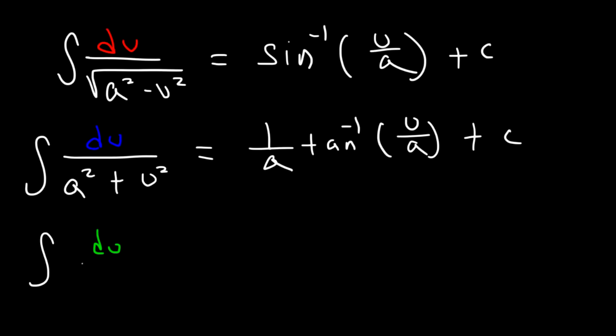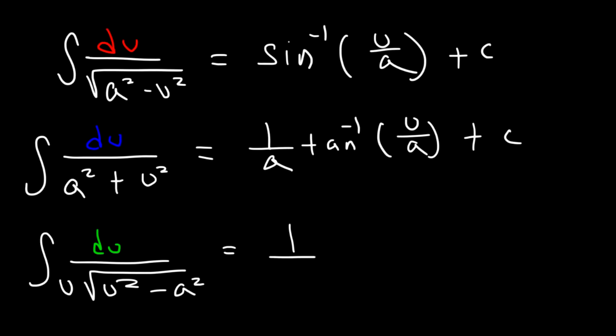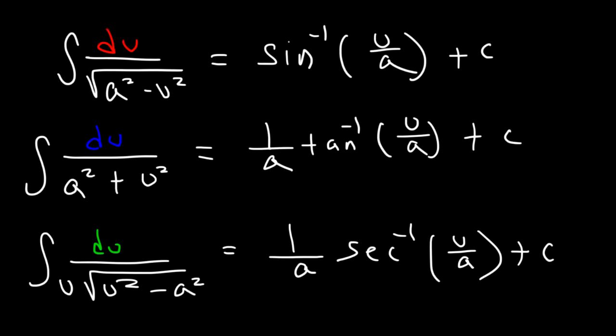Integration of du divided by u times the square root of u squared minus a squared is equal to 1 over a arcsecant u over a plus c. So make sure you write down these three formulas because we're going to use them a lot in this video.